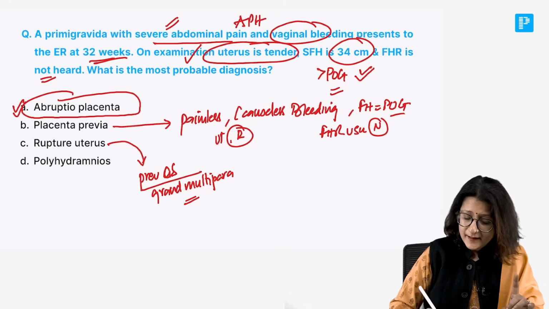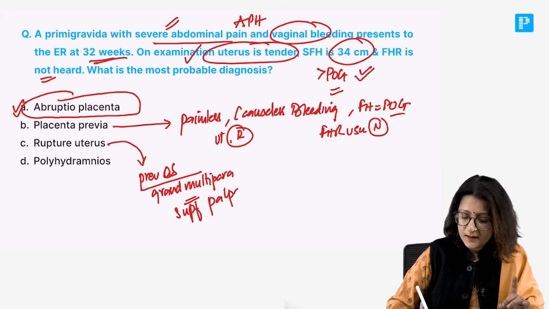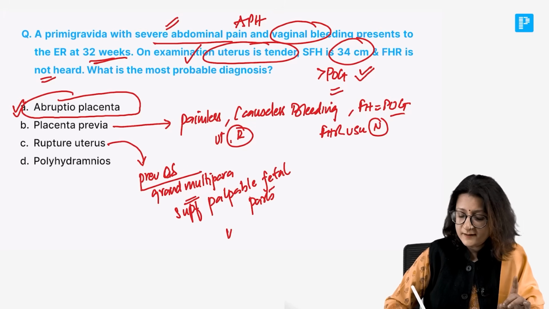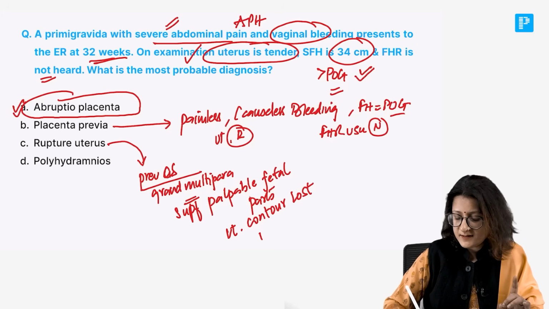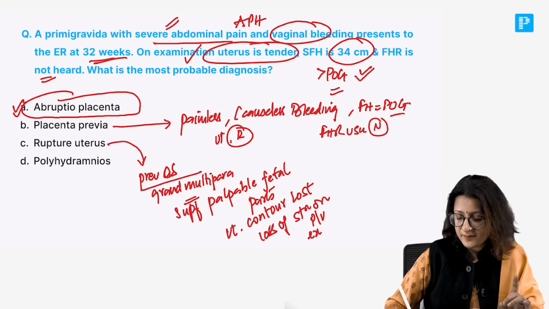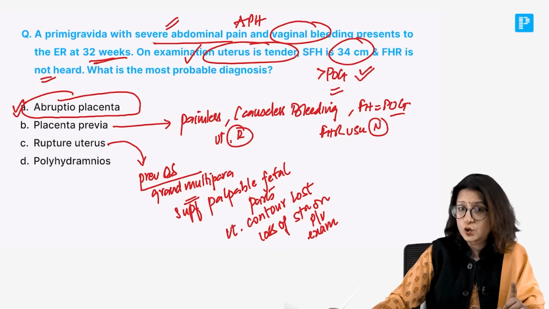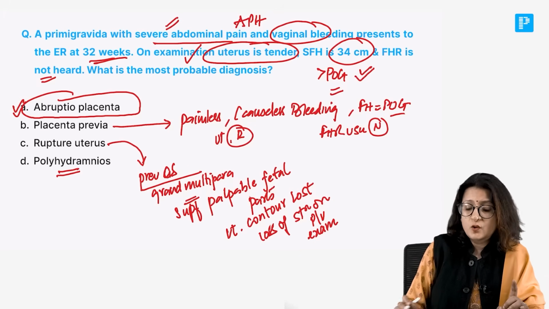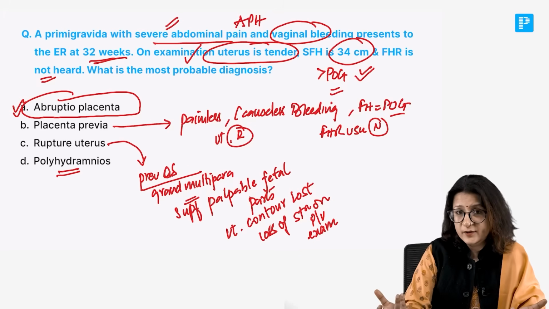But mainly, if they are asking you rupture uterus, they would mention superficially palpable fetal parts, or that the uterine contour is lost, or loss of station on per vaginal examination. So these would be your clues. With polyhydramnios also, the fundal height will be more than the period of gestation.